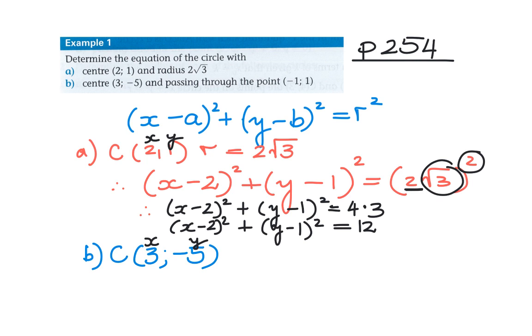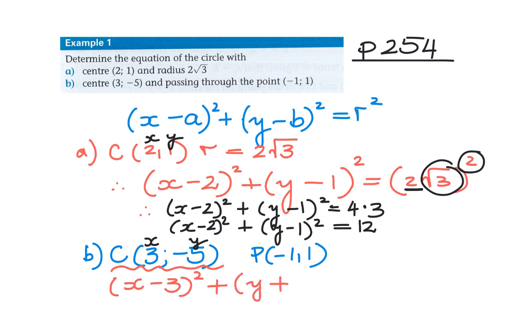I don't have a given r, but I know that the circle is going through a point with coordinates (−1, 1). So I can start with the general equation of a circle. So I've got (x − 3)² + (y − (−5))² equal to r².